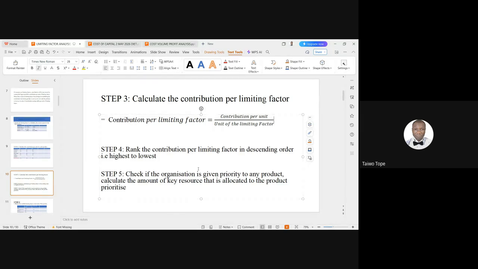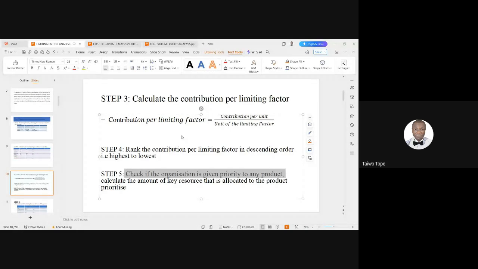Check if the organization is giving priority to any product. Now, what do we mean by this? Some organizations have special customers that no matter how scarce the resources are, they must meet their need, they must meet their demand.